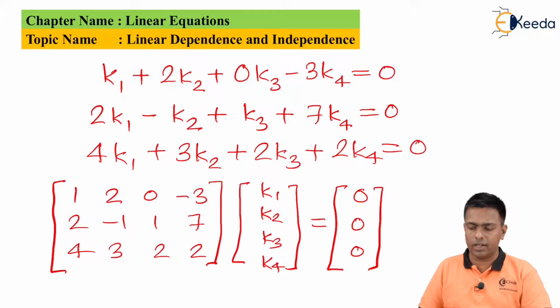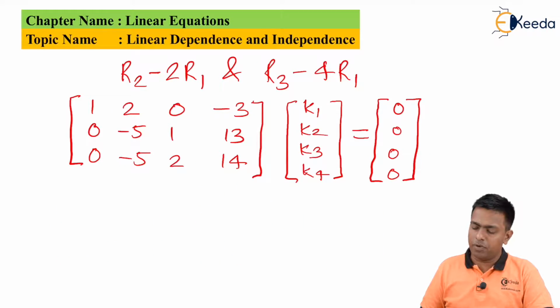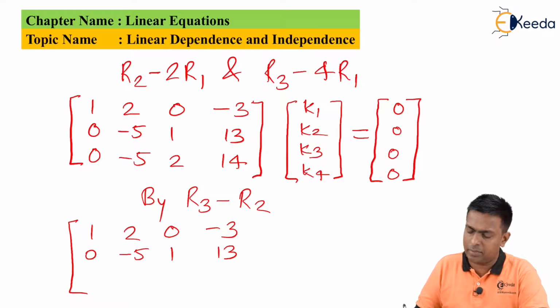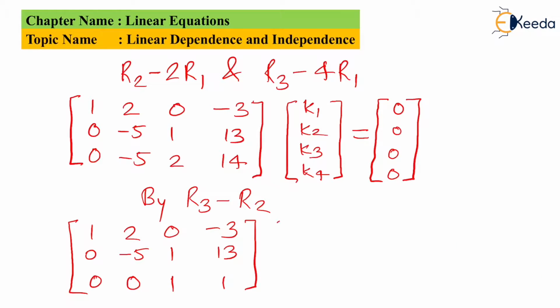Here we'll get 2 only. 4 times of this is minus 12, and here we'll get 14. Now to get the echelon form, we should bring 0 over here. So to bring 0, we'll do R3 minus R2. By doing R3 minus R2, we'll get 0, here 0, here we'll get 1 and here we'll get 1.